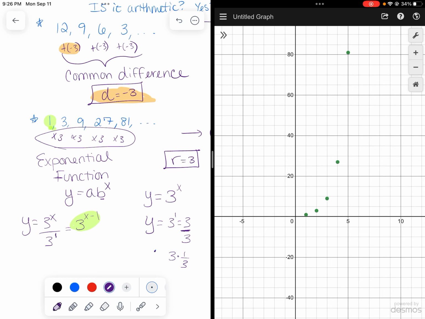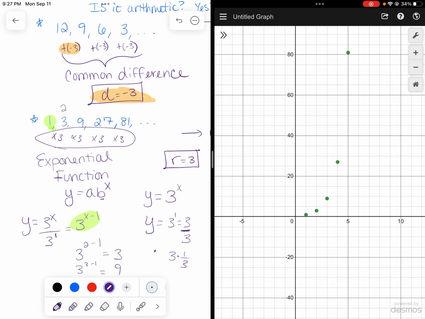So let's say when I substitute in 2, when n is 2, I should get an output of 3. Well, 3 to the 2 minus 1 is 3 to the first, which would be 3, right? 3 to the 3 minus 1 is going to be 3 squared, which is 9. So that's working out here.